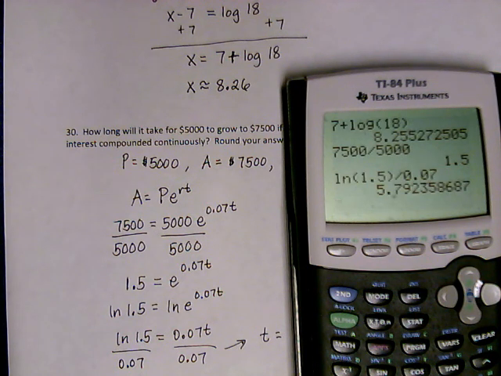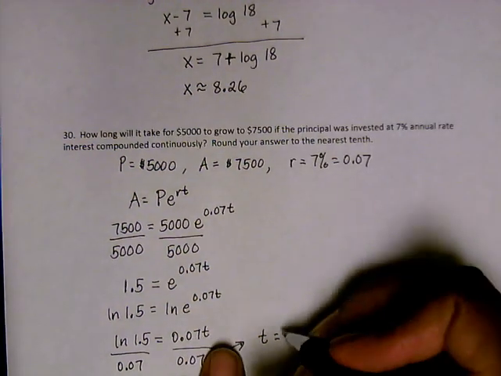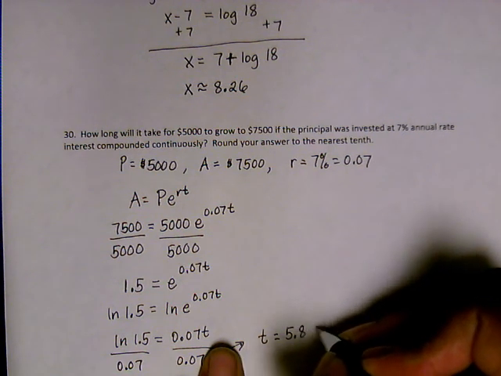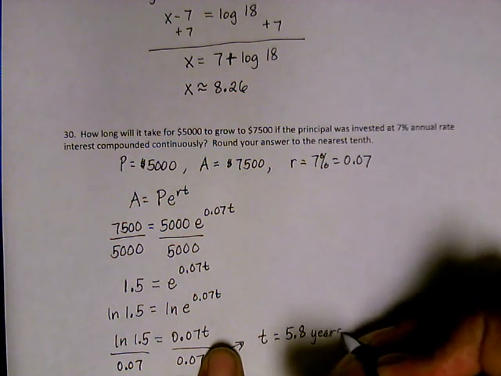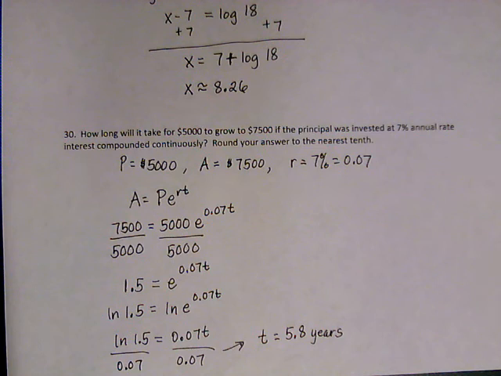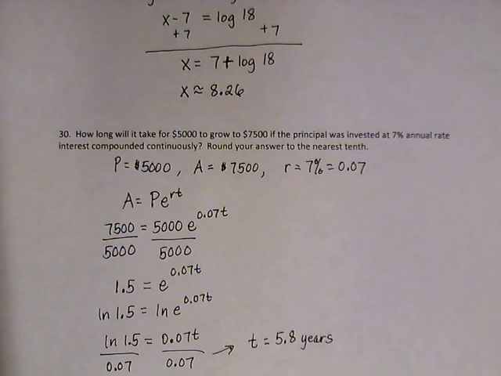Then hit enter. To the nearest tenth would be 5.8. And the time is in years, so it'll be 5.8 years. So it's going to take 5.8 years for a $5,000 investment to grow to $7,500 at 7% compounded continuously.